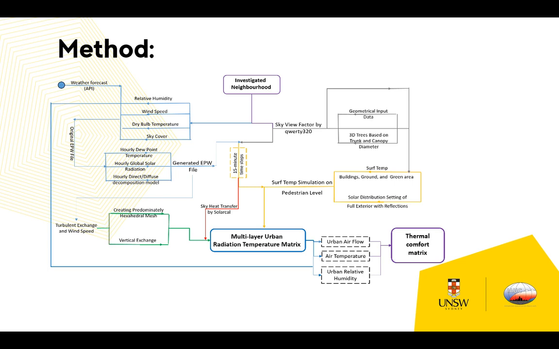One other aspect of making a digital twin in real time is that when we are using many different software, we should be very careful about the flow of input and output, because sometimes the output and the input are not in the same format.